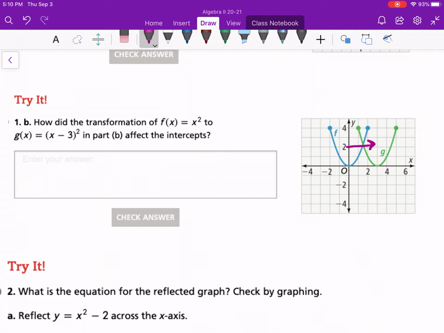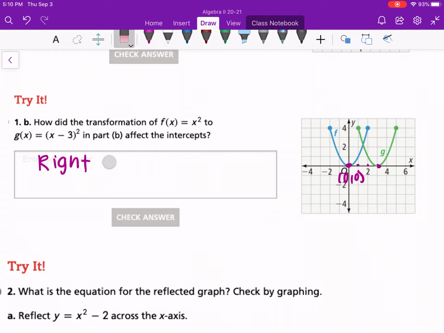Look at this graph and count the spaces. You should say that this graph moved right 4. Okay? And so looking at that intercept, it went from 0, 0, and now it's at, oh, just kidding. It didn't move 4.